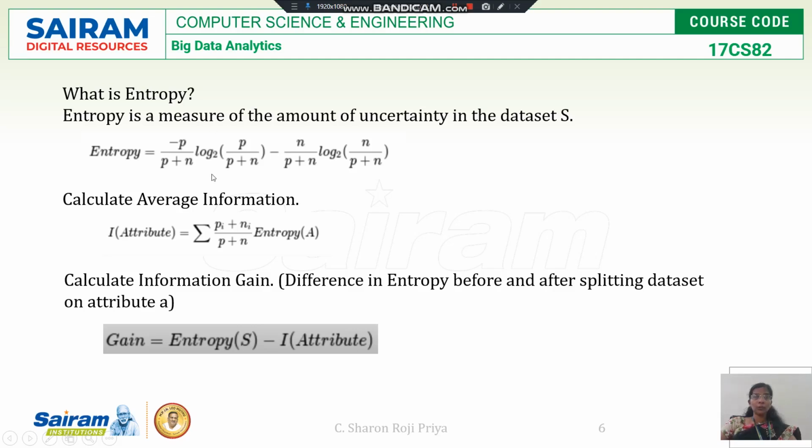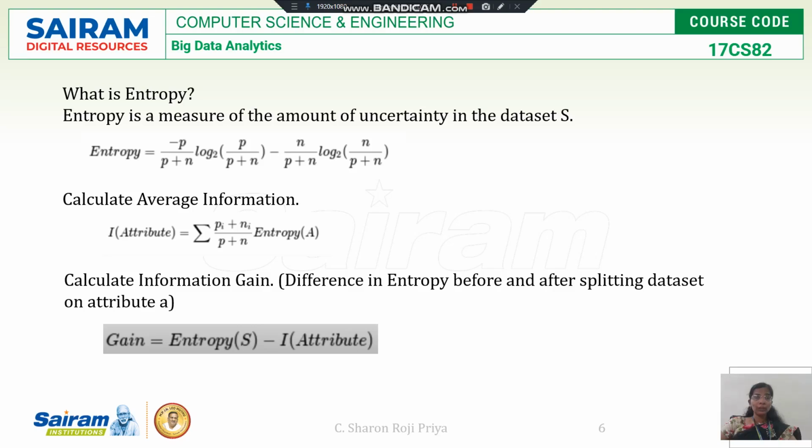So this is the formula to calculate the entropy. Then calculate the average information, which you have to calculate for every attribute. I stands for the average information of an attribute, which is equal to the summation of (pi plus ni) over the categorical values. Every attribute will have some categorical values.